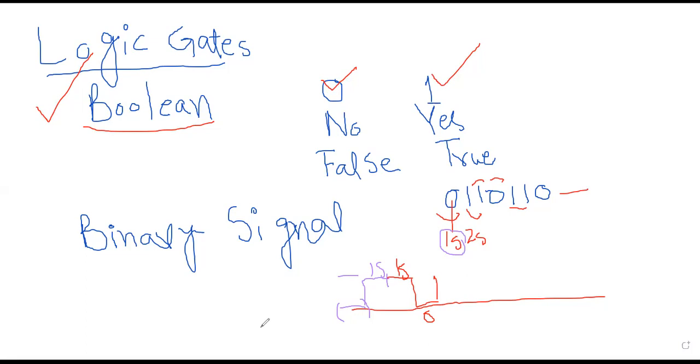Now the next thing is that in logic gates, the binary number system is an alternate to decimal. What does this mean?